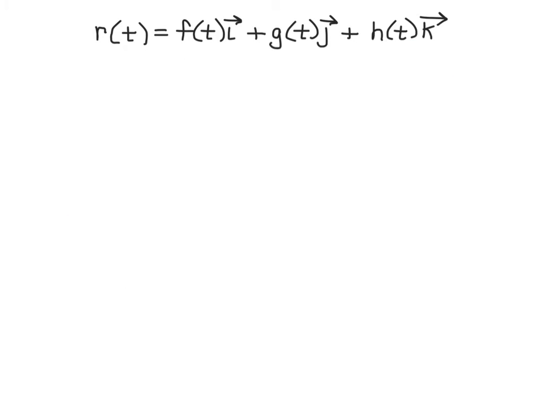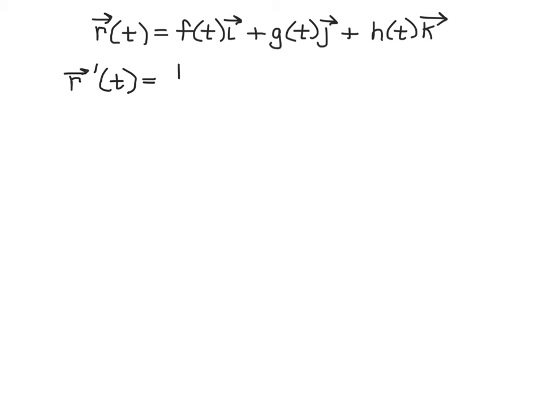So if we have a vector function r of t as follows, and we want to find r prime of t, then what we're going to do is take the derivative of each component.